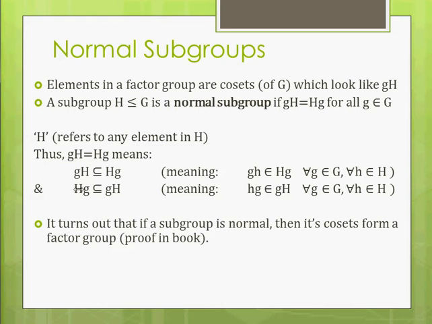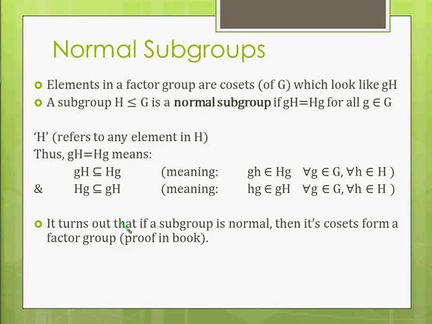It turns out that if the subgroup is normal, then its cosets form a factor group. I think I said earlier, cosets aren't always a group. The subgroup has to be a normal subgroup of a group G, and in that case the cosets form a factor group.